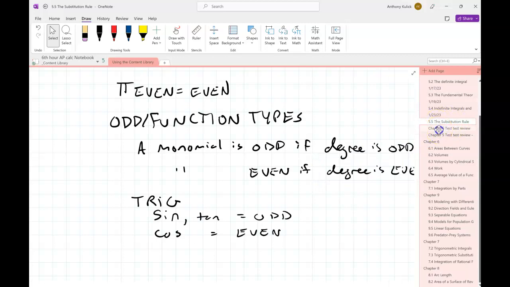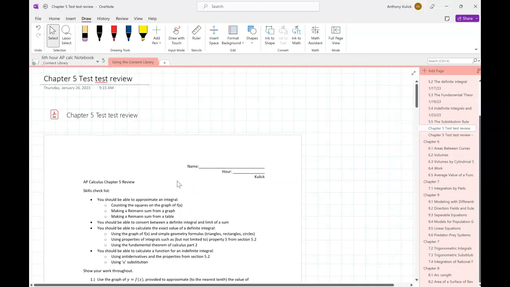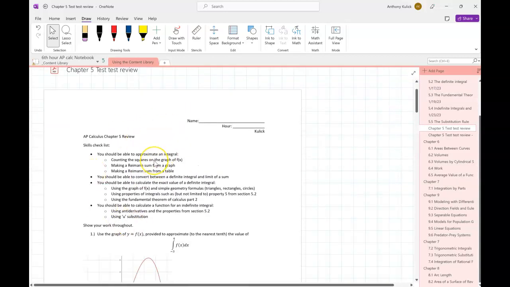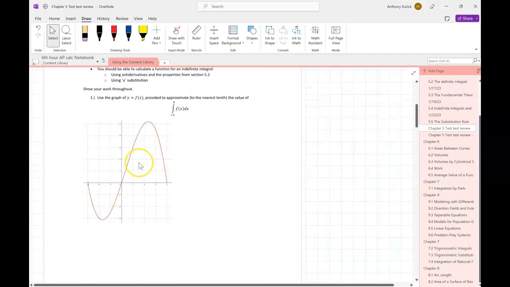All right. So the format for your test will basically be the same as the review, probably a little shorter. At the front, I just have a list of skills that I'm going to be testing on, and then I have examples of these skills. So if you want to evaluate this integral and you're given this picture, what do you do? Count boxes, right? Just remember that these boxes down here are negative.